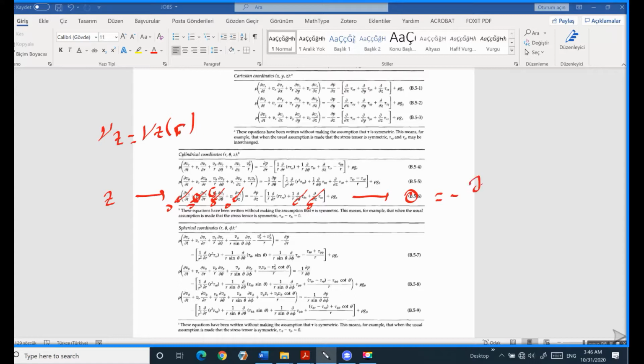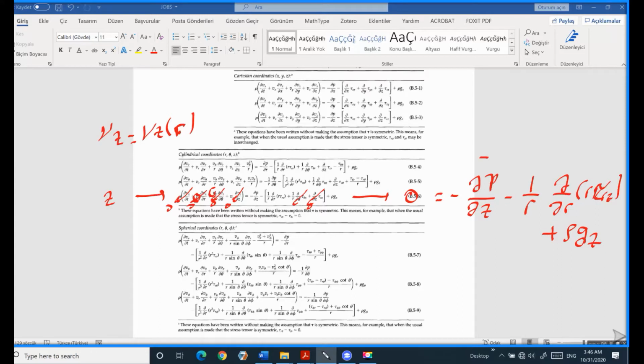Right side, partial derivative z minus 1 over r, so this r z plus rho.